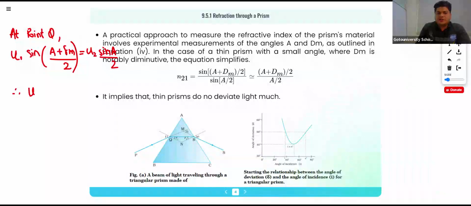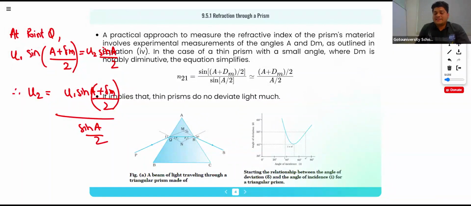So therefore, your mu2 will be equal to mu1 sin (A plus delta M) upon 2, upon sin A upon 2. As the angle is very small, you will write mu is equal to.